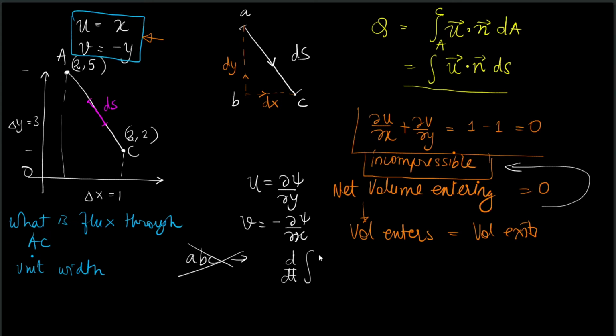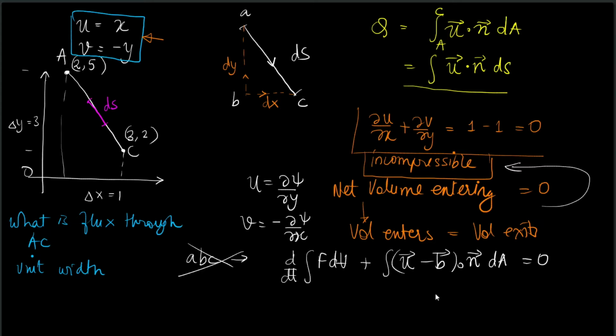So integral d/dt f dV plus integral (u minus b) dot n dA equal to 0, where b is the velocity of the control volume, and u minus b is the relative velocity of the flow with respect to the control volume.